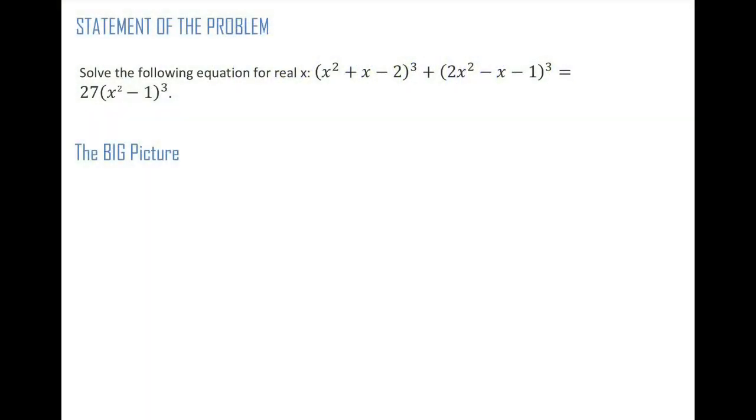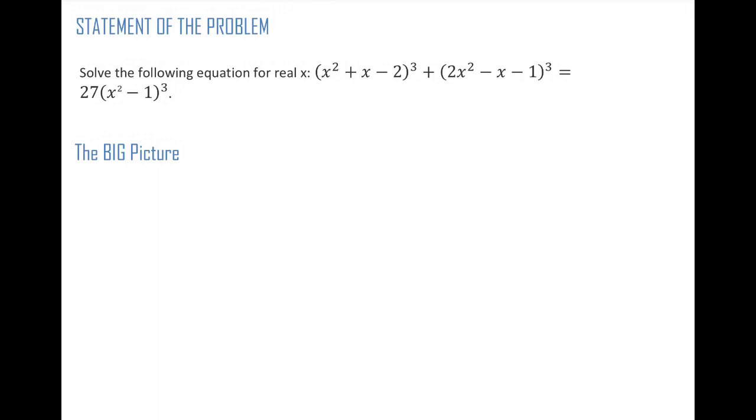Hello. In this particular discussion, we will talk about the second problem of RMO 2002. And as usual, we will focus on the big picture and then also talk about the solution of the problem in the process.